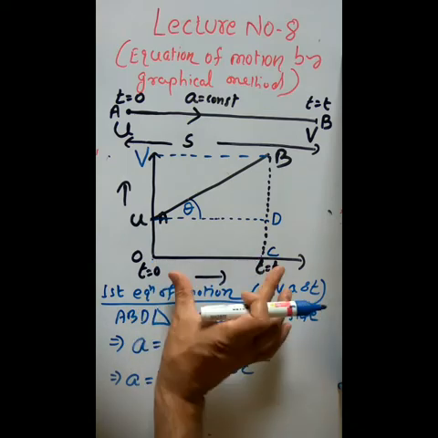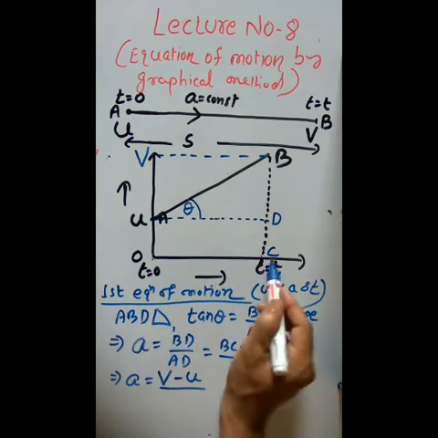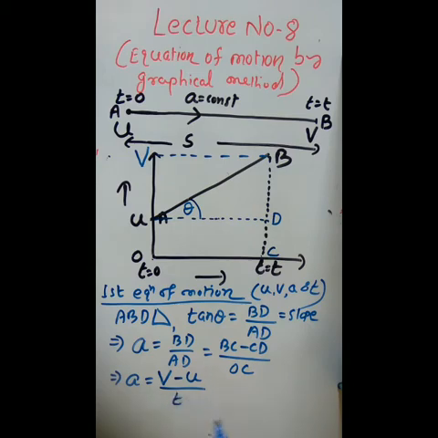OC is nothing but time. The total time O to C is T. So from this I can say V minus U is equal to AT, or V is equal to U plus AT.